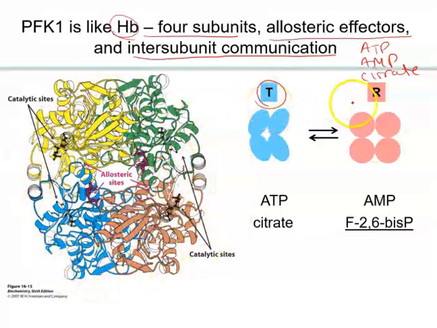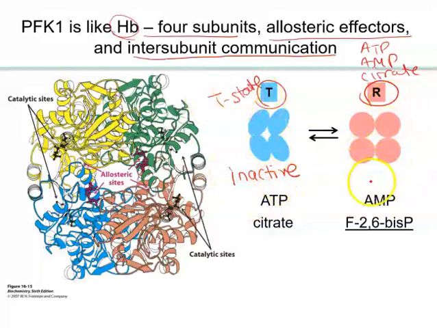Here you can see a schematic representation of the inactive form of the enzyme, also known as the T state, and the active form of the enzyme, also known as the R state. We refer also to T and R states in hemoglobin, where R states in hemoglobin have high oxygen binding affinity and T states of hemoglobin have low oxygen binding affinity.